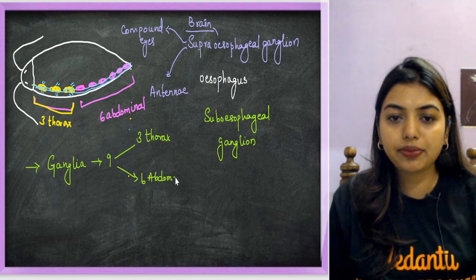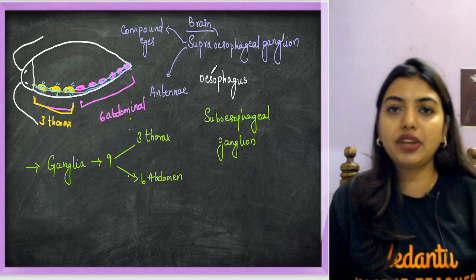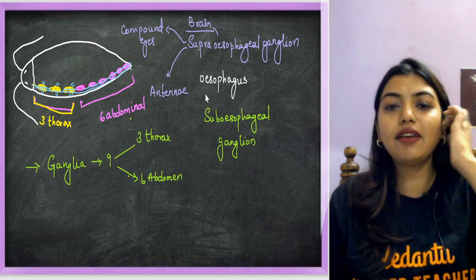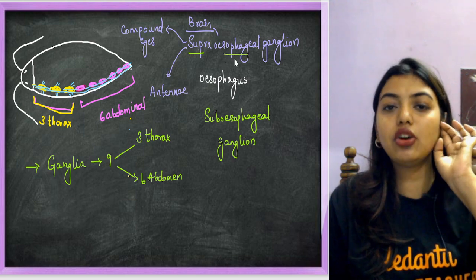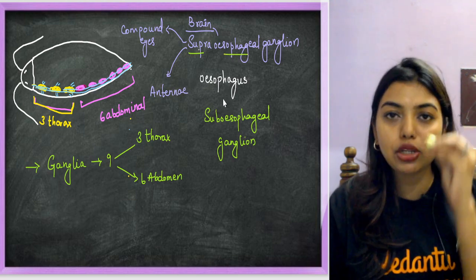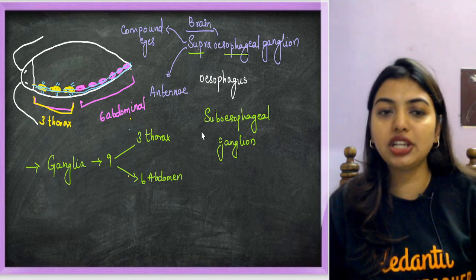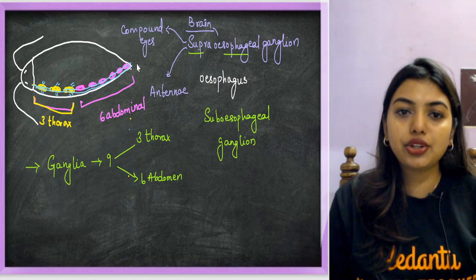Above the esophagus, on the brain head region, they have the supraesophageal ganglion, which will supply nerves to the compound eyes and the antenna. And below the esophagus there is a ganglion called the subesophageal ganglion. Got it? Now here you can see 3 thorax.